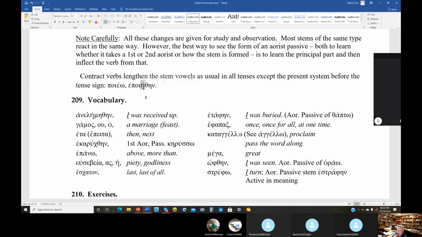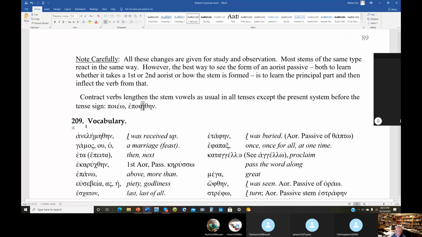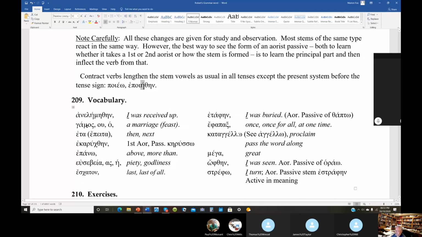All right. Now, right here, we don't have this word in our vocabulary, but it's analambano. It's from analambano. Let me do this.